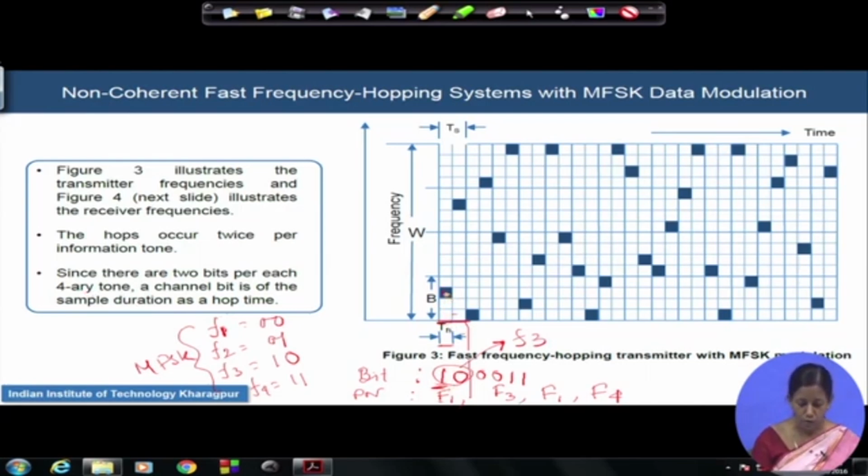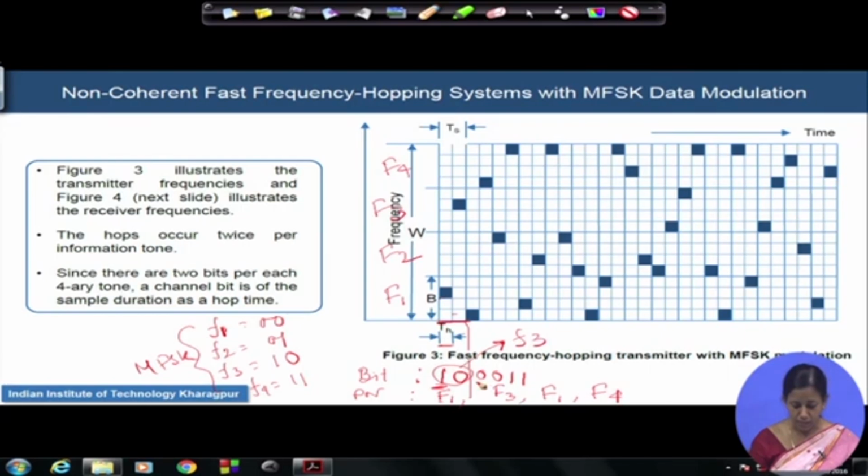I have gone to tone number 3, but channel number 1; this is my channel number 1, this is channel number 2, channel number 3, channel number 4. For the first beat the tone was 3, but the channel was 1. When the second beat came, the tone was 3, but the channel became 3.